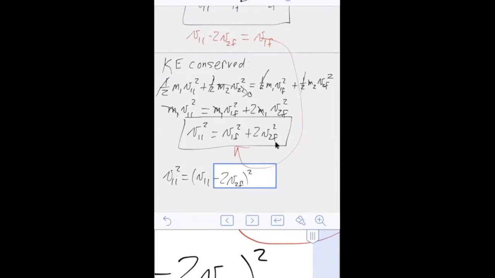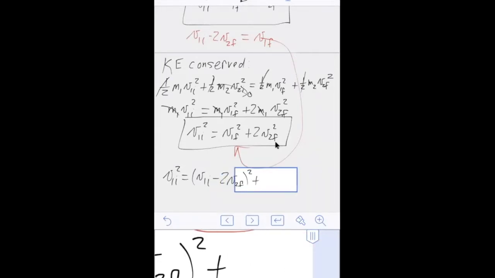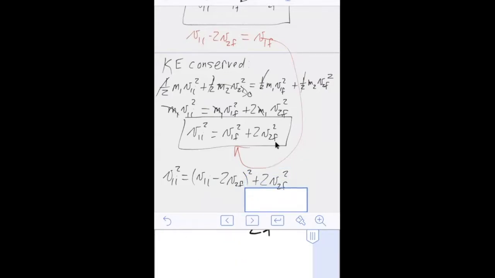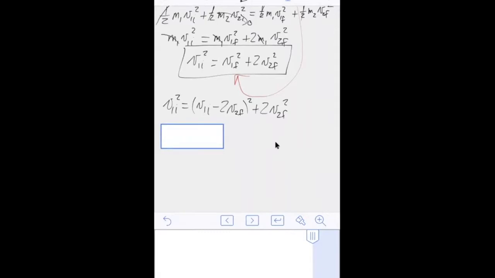And then I still have the next term in this equation, which is 2 V2F squared. As complicated as it might look, this is an equation where the only thing that I am considering as an unknown is V2 final. So that means I can solve this.